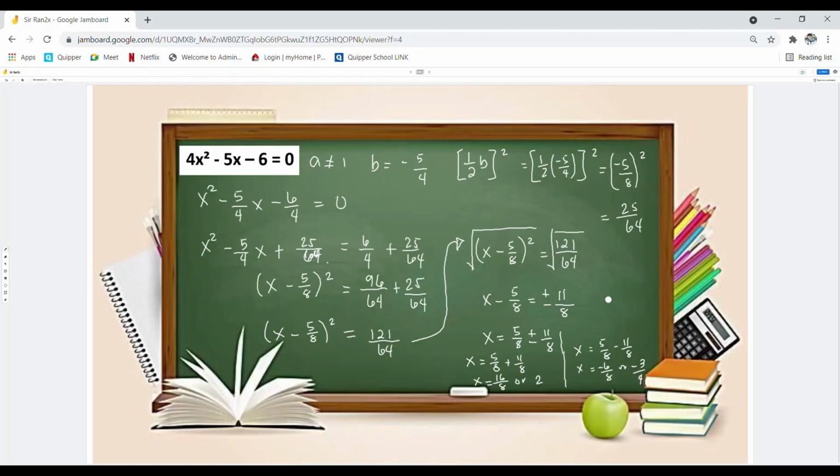So your solutions are 2 and negative 3/4. You can see, you just simply reduce it, right?